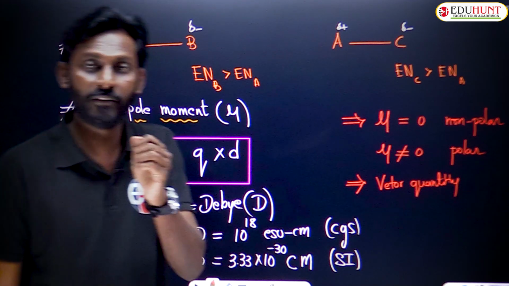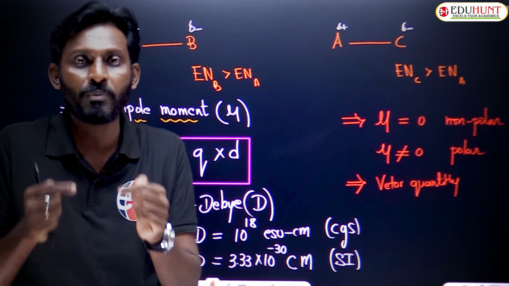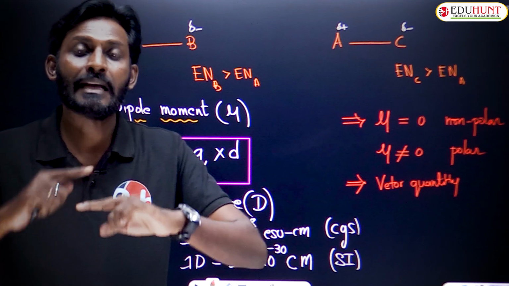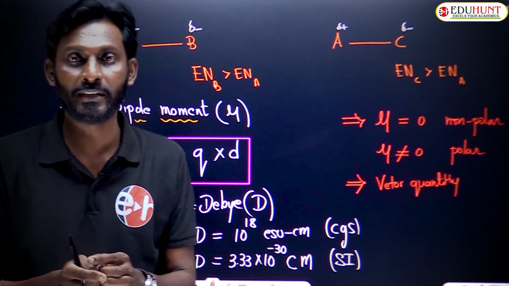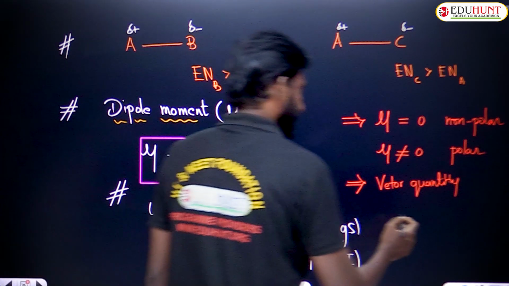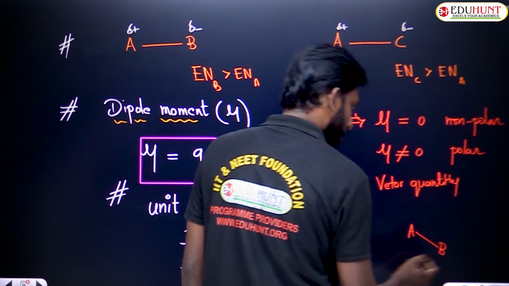Then what happens, sir, if it is a vector quantity? When there is more than one polar bond, you have to consider the net resultant dipole moment depending upon the direction of the bonds. How? Let us say there is a bond like this, an AB bond.